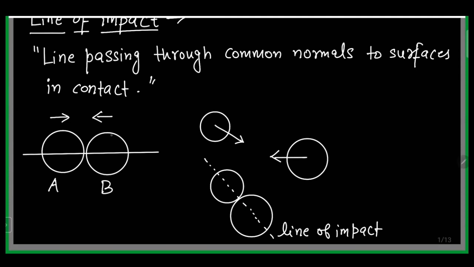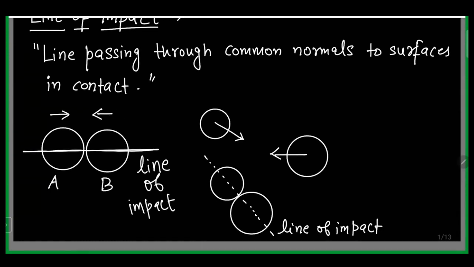So let's say there are 2 bodies which are coming and colliding with each other. So the line which is perpendicular to both is known as the line of impact. So you can think that collision is happening along this line.